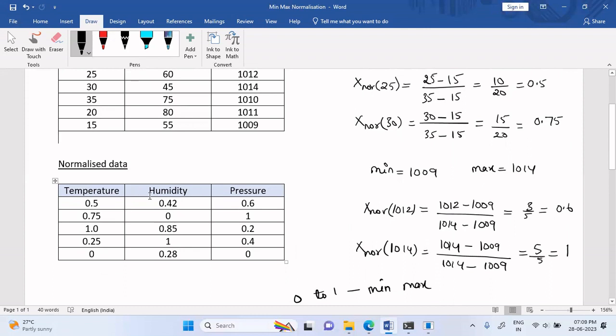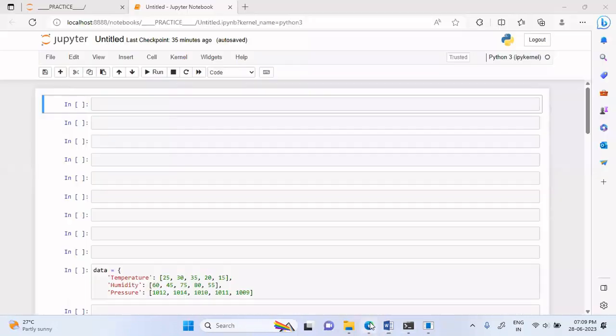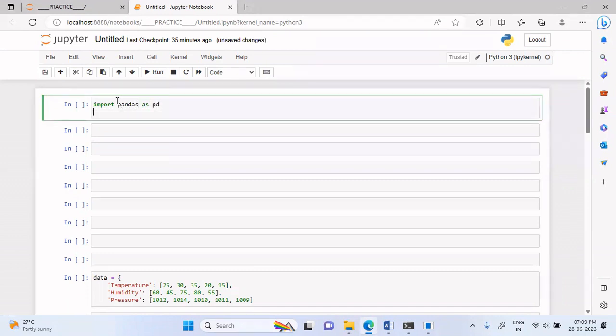So let's implement this in a Jupyter notebook. For this, we need to import pandas. So import pandas as pd.